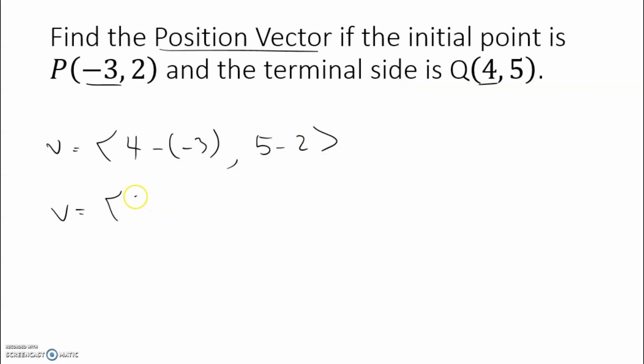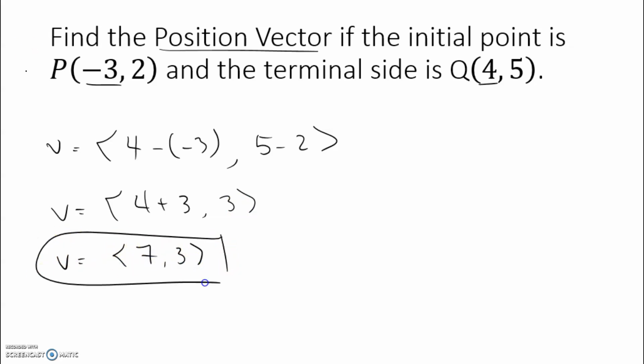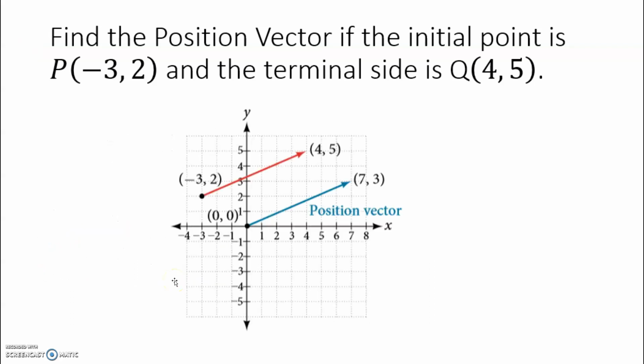So this is going to be 4 plus 3, comma, 5 minus 2, that's 3. So this is 7, comma, 3, and that is your position vector. What it looked like was this right here: we took PQ, and it's like we slid it until the initial point is on the origin.